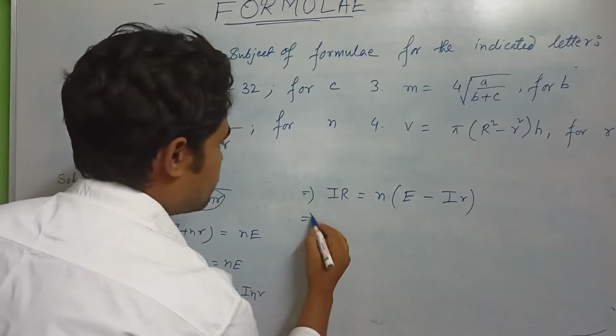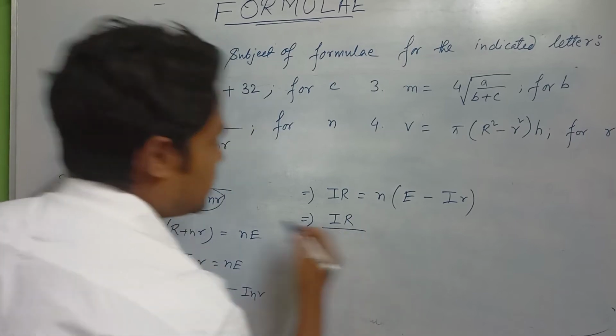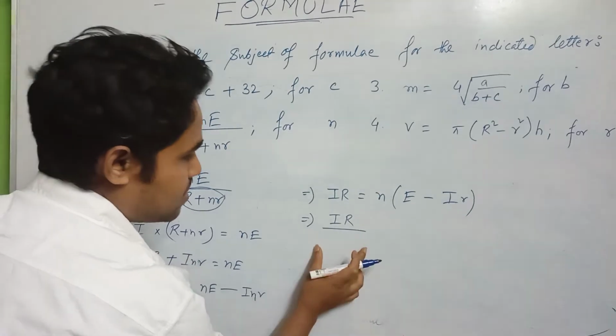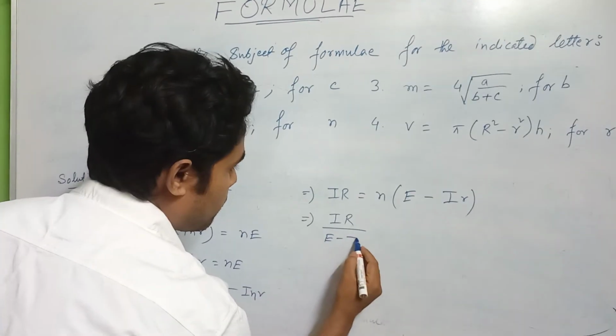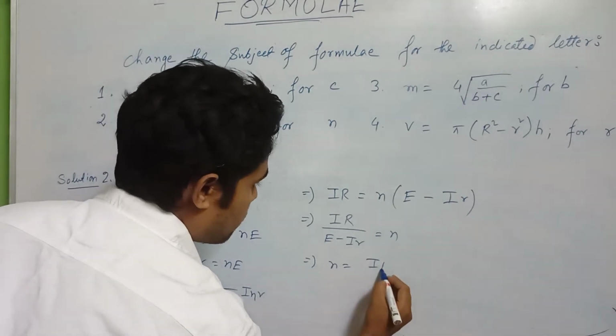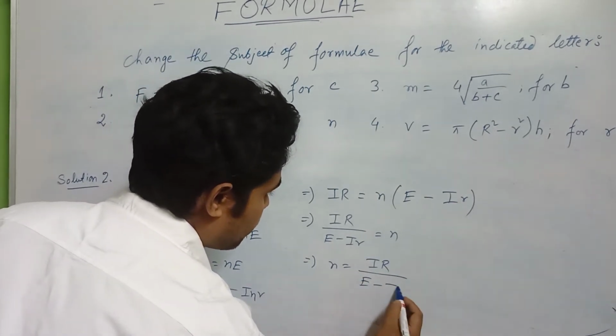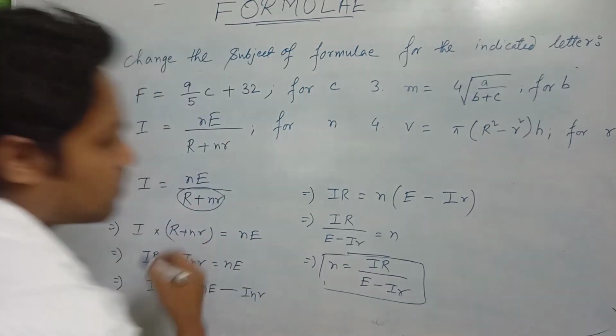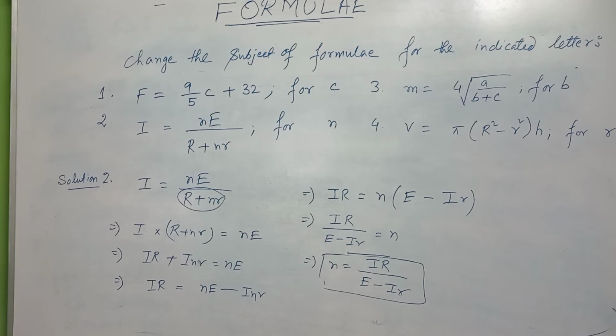Now IR divided by, this part will be placed over here, equal to n. So we got n. This is the required answer. Take a screenshot.